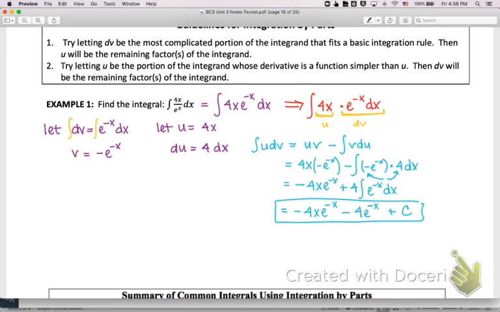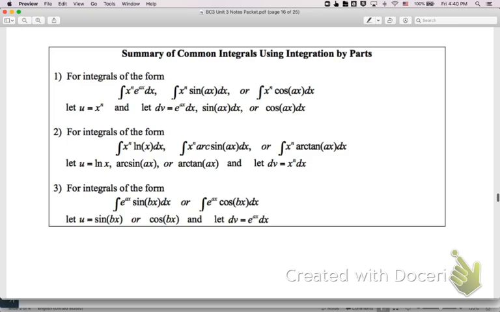So here's some common scenarios where you would want to use integration by parts, okay, and some tips of how to set them up. So I would definitely read through that, because that'll definitely help you determine what you want to do here.